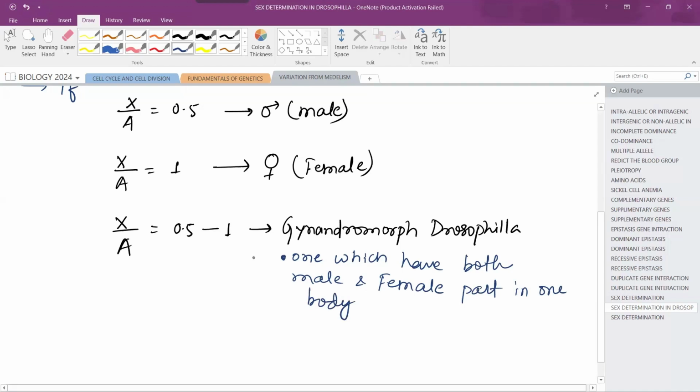And in case of Drosophila, let me draw the picture for you. Drosophila gynandromorph.